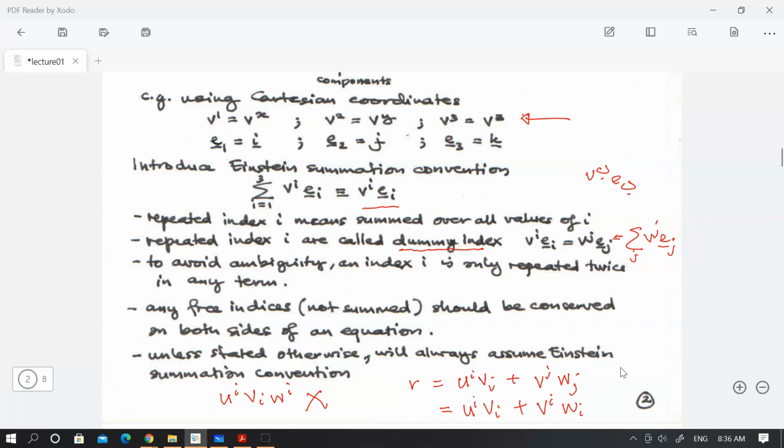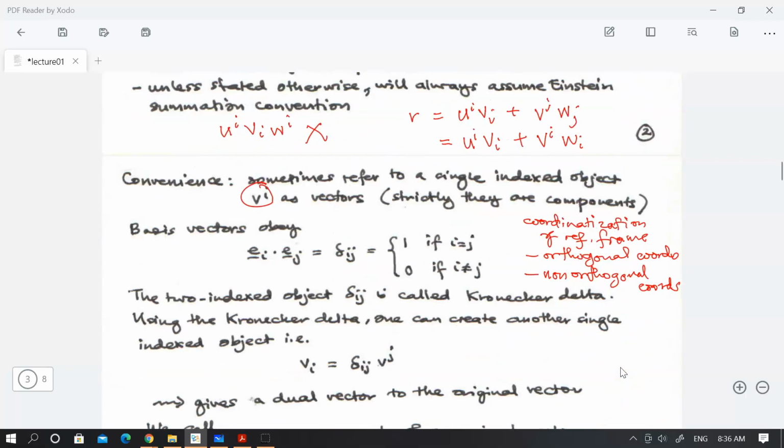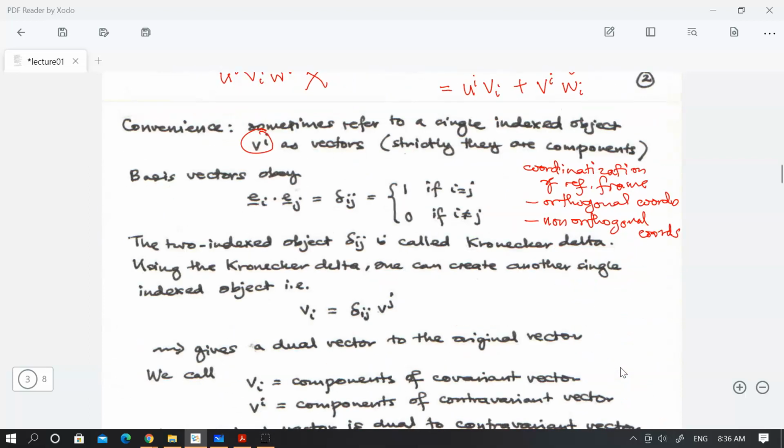Oh, I didn't say it out, but it's written over here. Any free index should be conserved on both sides of the equation. Okay, so in this particular case, I have j being summed on the right hand side, so it's a dummy index, so it doesn't matter what this symbol is supposed to be.